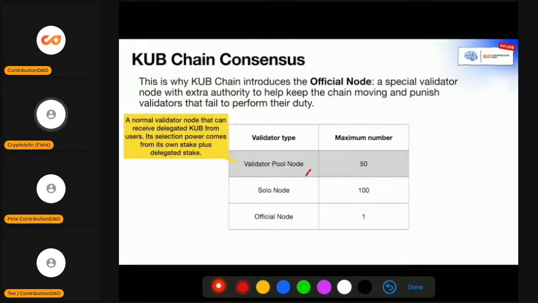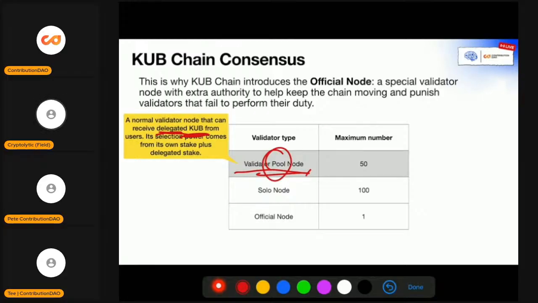The validator node just has to stake their coin, stake their KUB, or stake their asset to secure the KUB Chain, and then they have voting power according to how many KUB they have staked. It has the word pool here, I think, because the validator node can receive delegation from users.